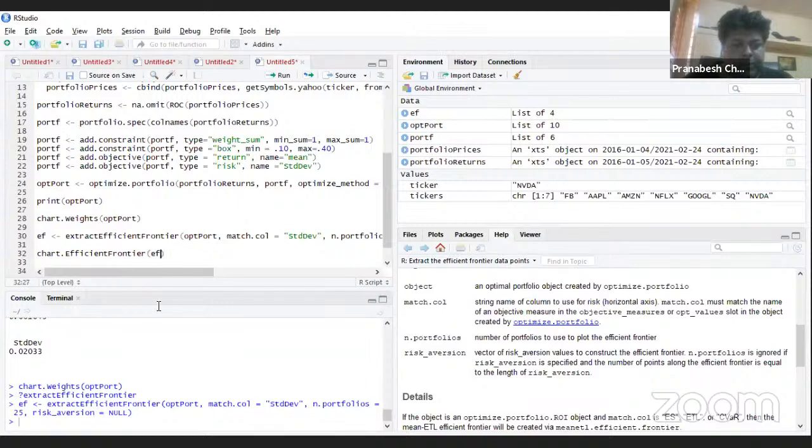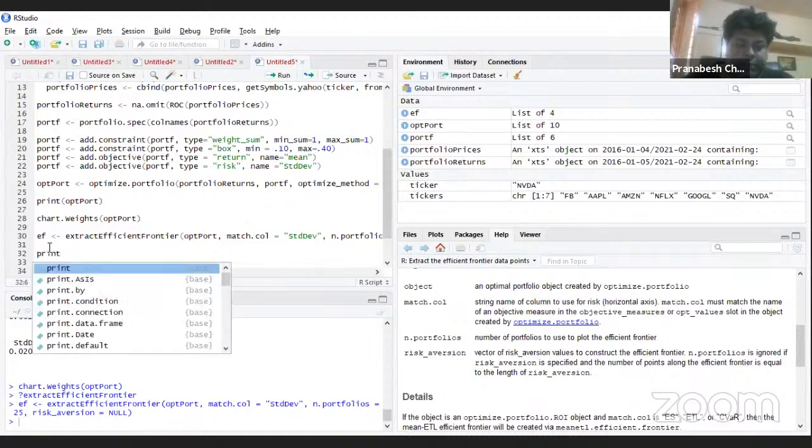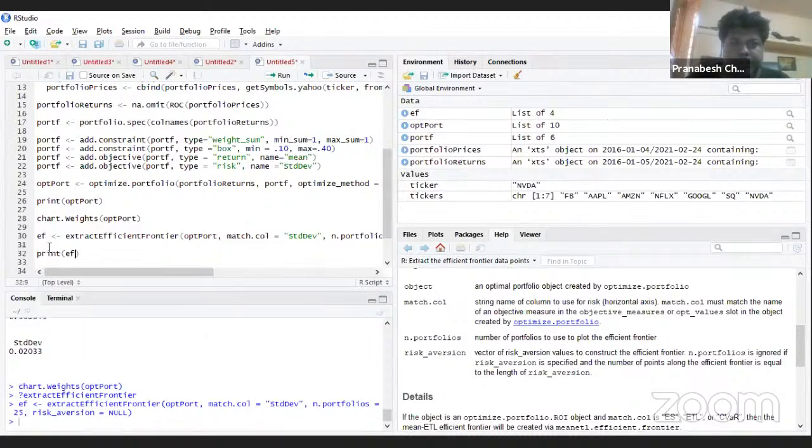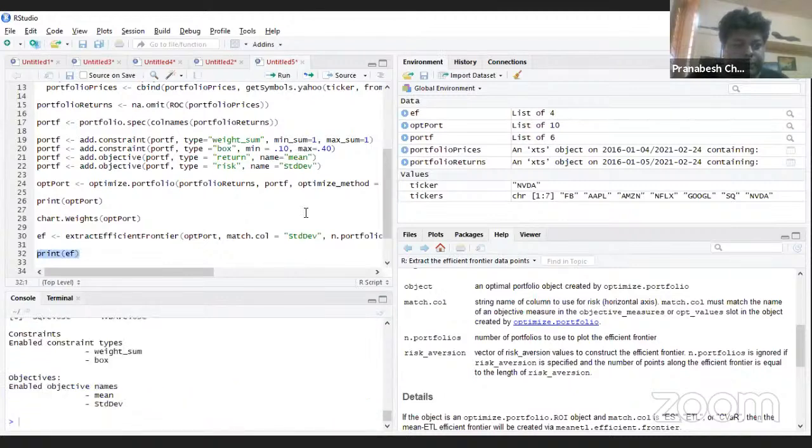What are the parameters that we want to pass? First, your efficient frontier value. Actually, we want to see what EF is going to give you. Let's print EF and see what it gives.